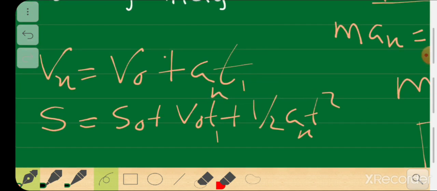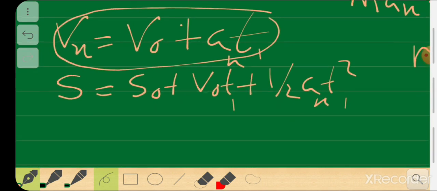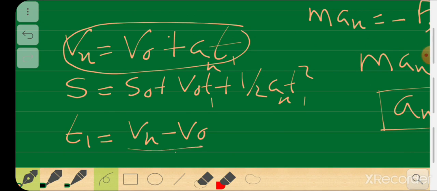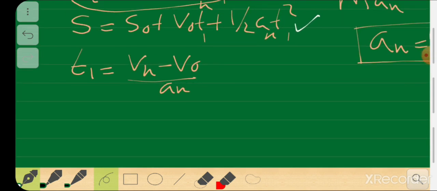Now I can rearrange this equation and find t1. So t1 will be equal to (vx minus v0) by ax. That's easy. So we have found t1. Now substitute that back into the equation for distance. The s0 will be at the origin, so it will be 0.